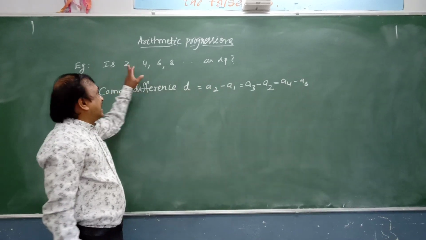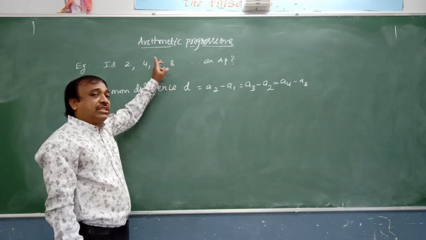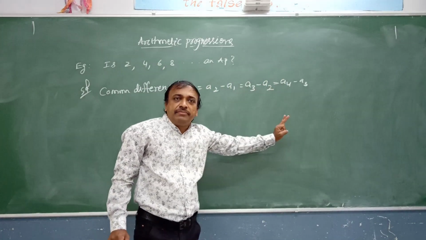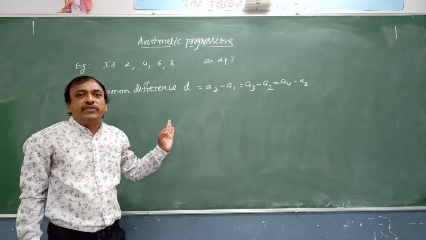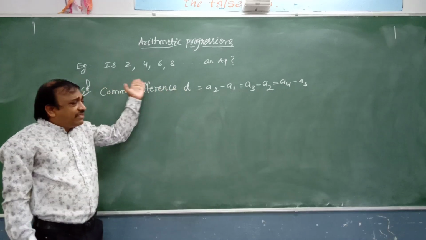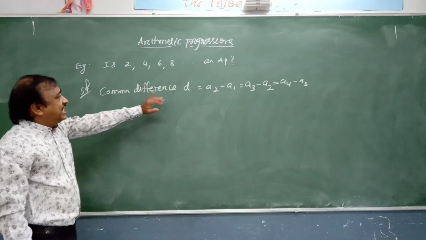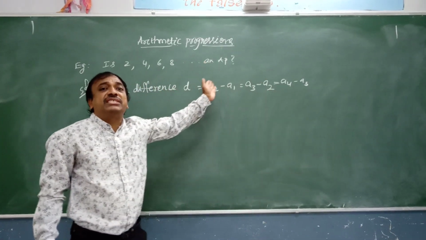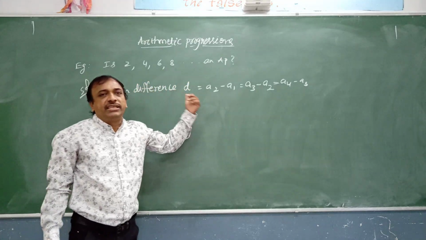That means second term minus first term, third term minus second term, fourth term minus third term should always be the same. Then only can we say that the numbers of the given series are in an arithmetic progression. Here we use only up to 4 terms, though the continuation is there.